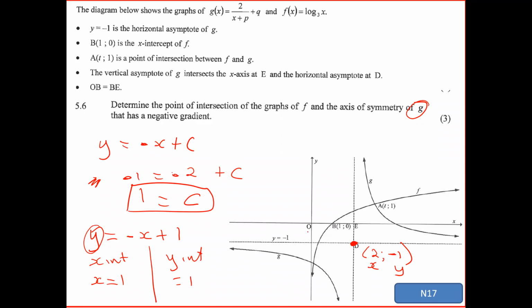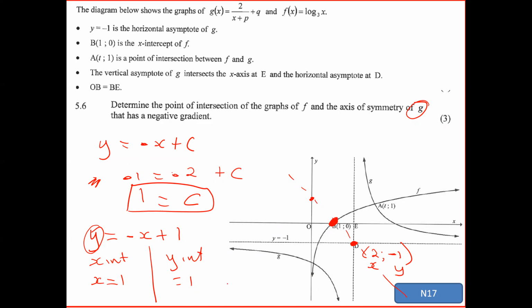If you go to the graph, the x-intercept, for it to be 1, has to be at that point 1, 0. That is the point 1. And the y-intercept will be somewhere there, right? So you'll notice that if we actually draw the line, which we can do, just to get an idea of what I'm actually doing here, that is the axis of symmetry. But the point of intersection is right there at 1. It's a common point.